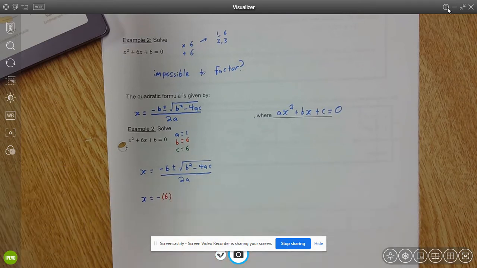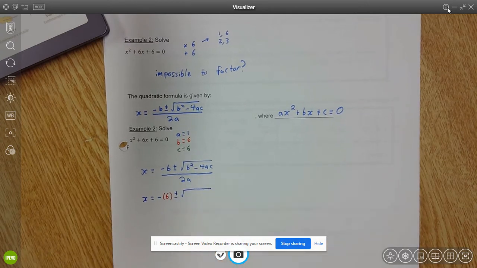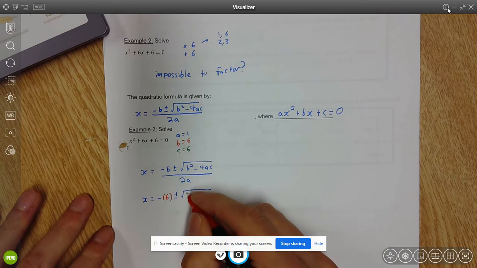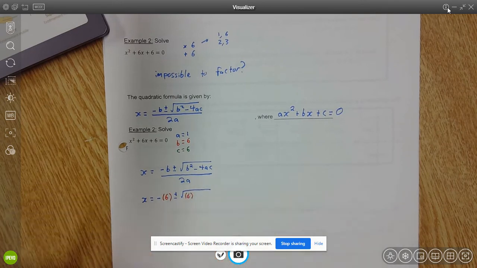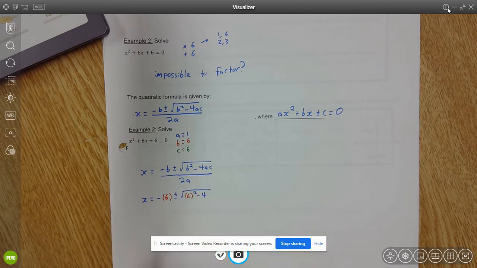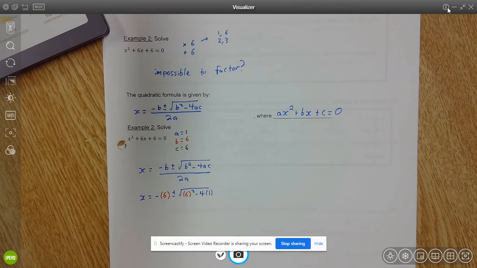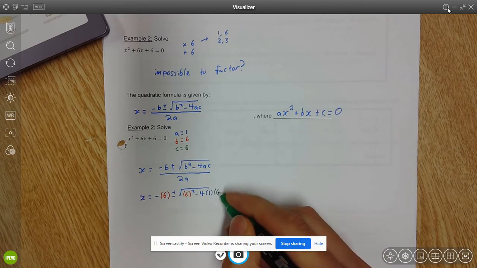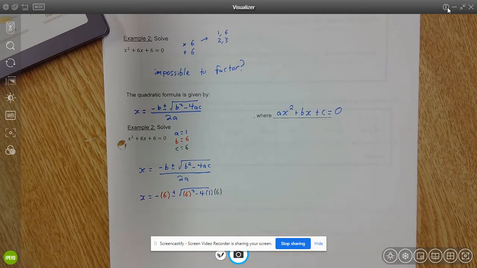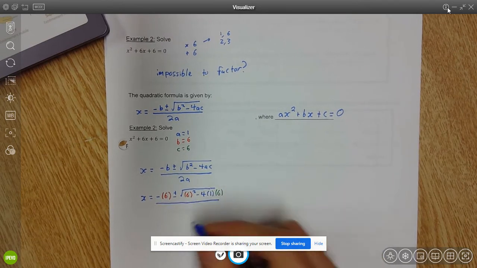So I've got negative b plus or minus square root of b squared minus 4 times a times c. Let me make sure that's all under my square root sign. And I'm going to divide everything by 2 multiplied by a, which is 1.